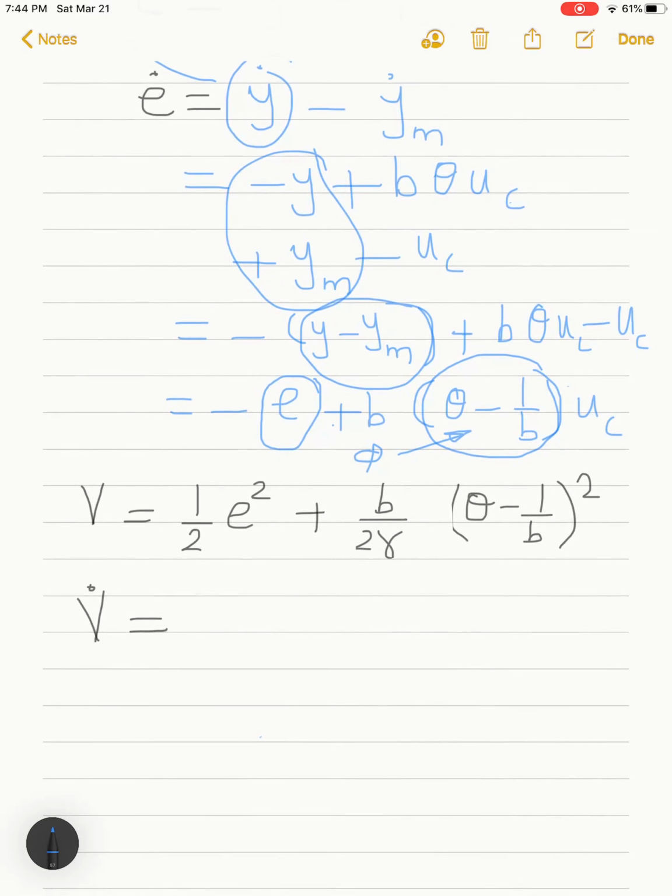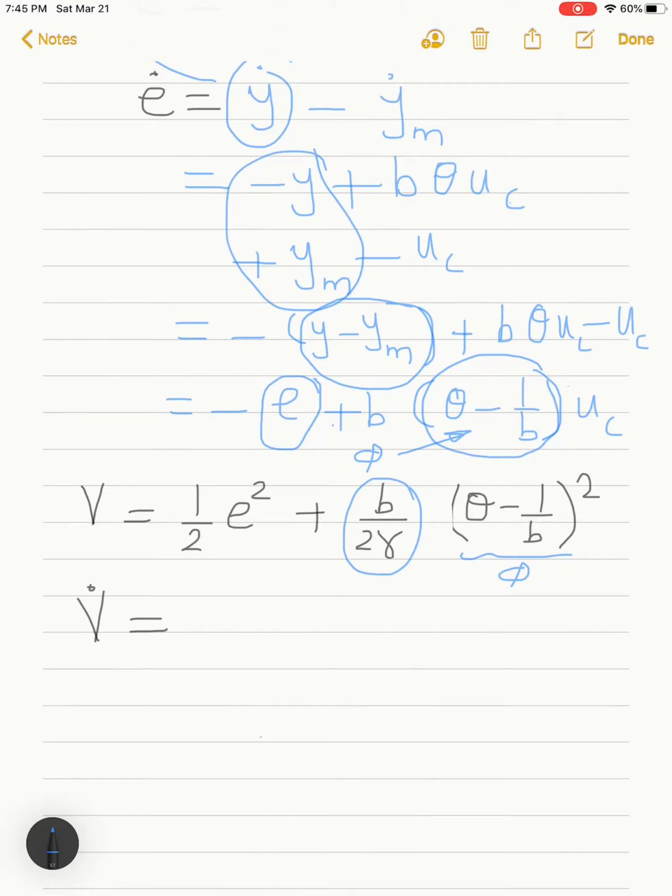I have V, the candidate Lyapunov function, as 1/2 E squared plus B over 2 gamma times theta minus 1 over B all squared. So this is the error in the parameters. As I said before, B over 2 gamma is just a constant, any positive constant. However, it takes some special form just for mathematical convenience.